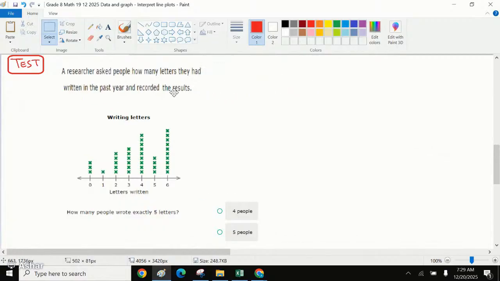Question number one from the test says, a researcher asked people how many letters they had written in the past and recorded the result, right? It's very similar to what we did. We have two options, option A and option B. You need to answer which option is correct. We do not care about whether it's 4 or whether it's 5. We need to care about which option is correct.